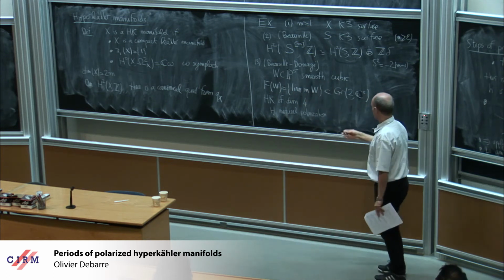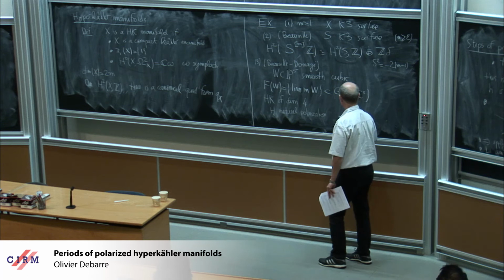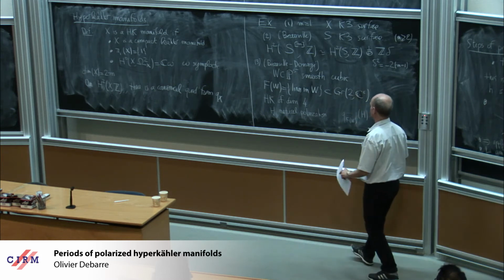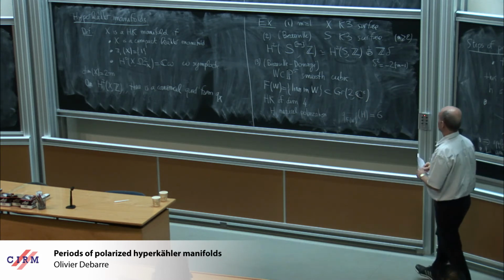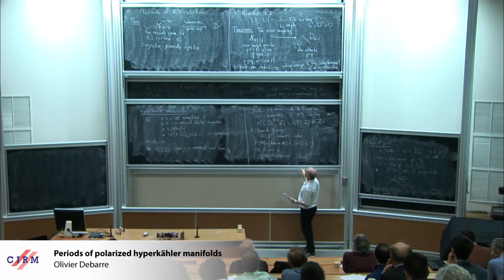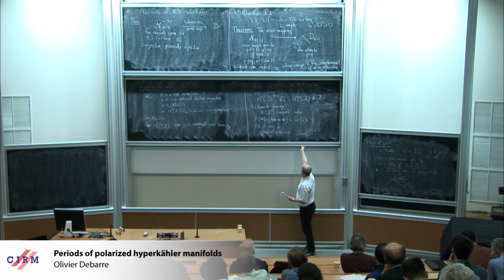And one can compute its square with respect to the Beauville-Bogomolov form and find that it is 6. Okay, so I'll come back to this example later on.